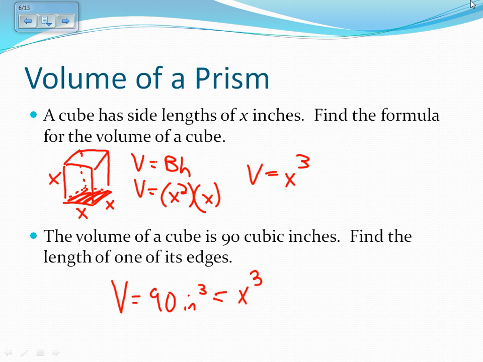How do I solve for x in that case? If we divide both sides by 3, it would be 3x equals 90. But we don't have 3x equals 90. I want to solve for x.